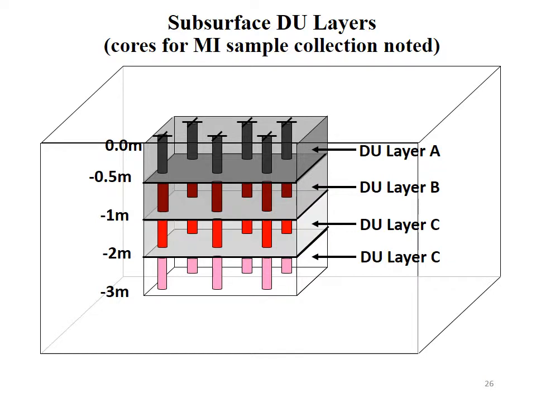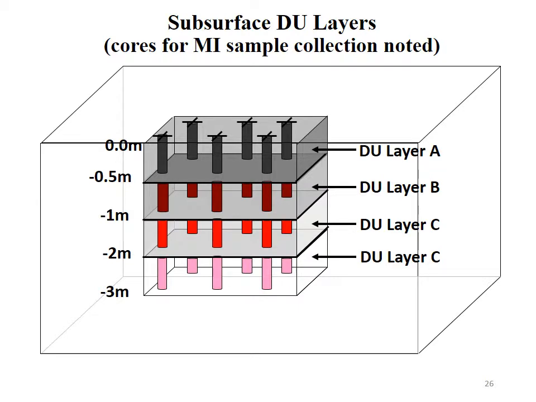So again, we have here in this example 4 different layers. This is just part of the cores shown, but you'd have 30 cores through the DU, and for each of the layers, the core would be collected through the layers, cut into your different vertical depths, and then all these DU layers would be combined into one sample, one large multi-increment sample.